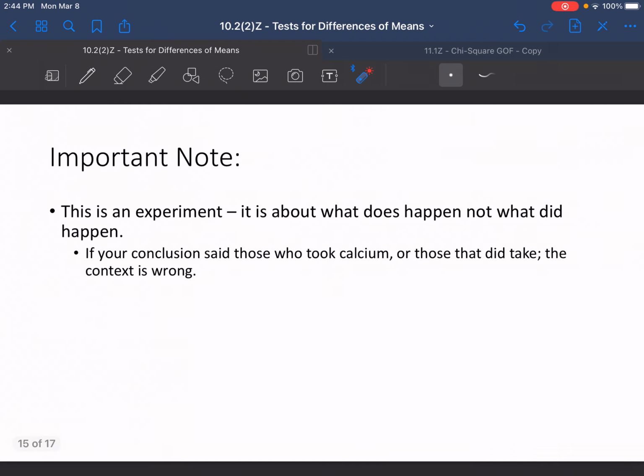So tense does matter in this case, because this is an experiment, you're trying to project what will happen or what is happening in the present and not what has happened in the past. That's the gist as far as stating in context goes, so you just want to make sure that you're careful when it comes to that.